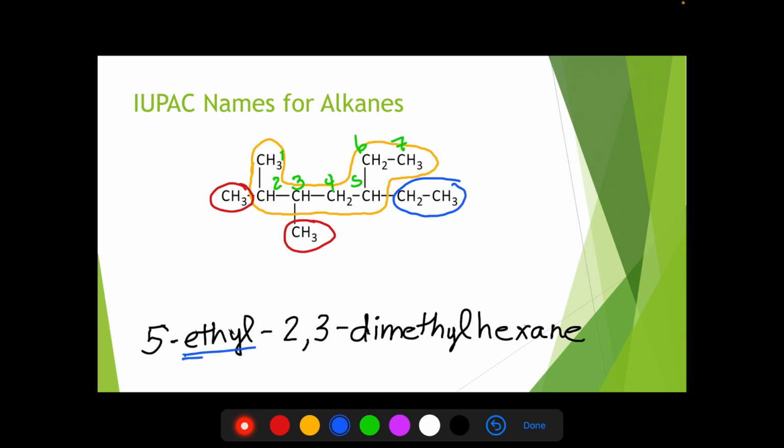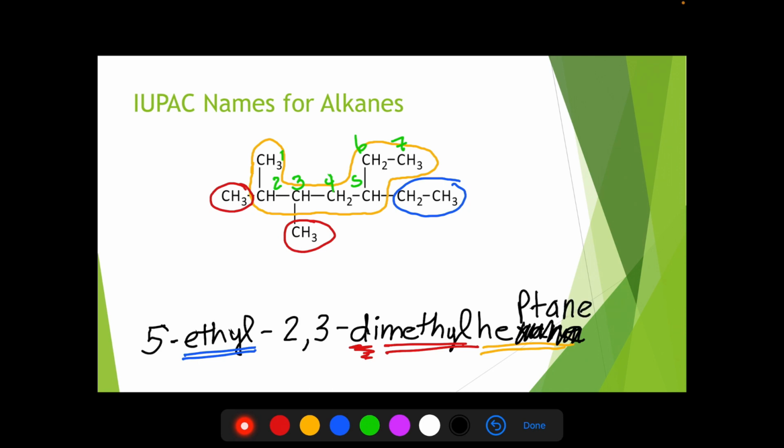So here's my ethyl off of number 5. I have 2 methyls. That's why there's a dimethyl off of carbon 2 and carbon 3. And then this entire chain is, oh, it's 7 long. Look at that. I messed it up. It's not a hexane. It is a heptane.